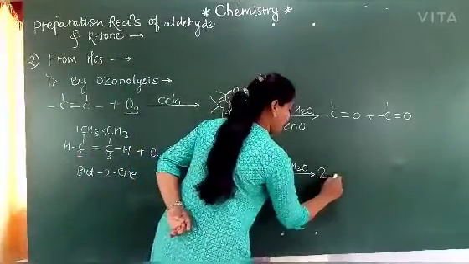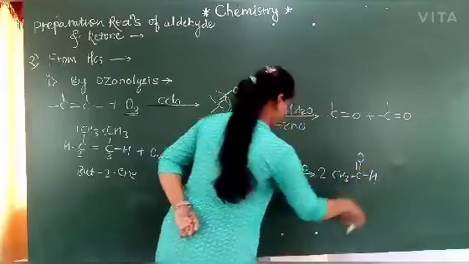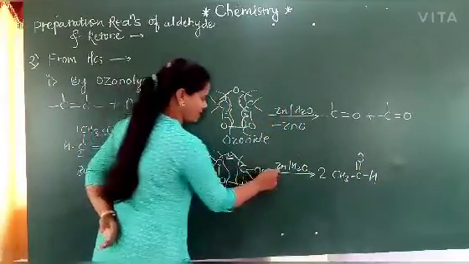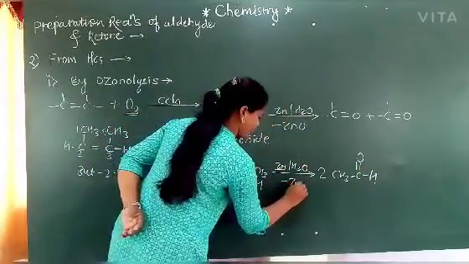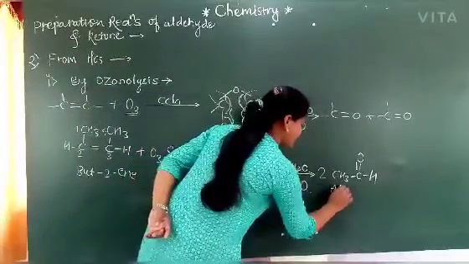So directly I will write here CH3 CHO, and the remaining oxygen and zinc will form the byproduct, that is zinc oxide, and the name of this is acetaldehyde.